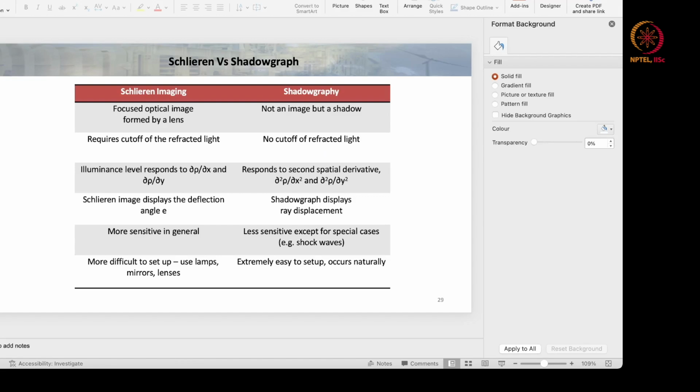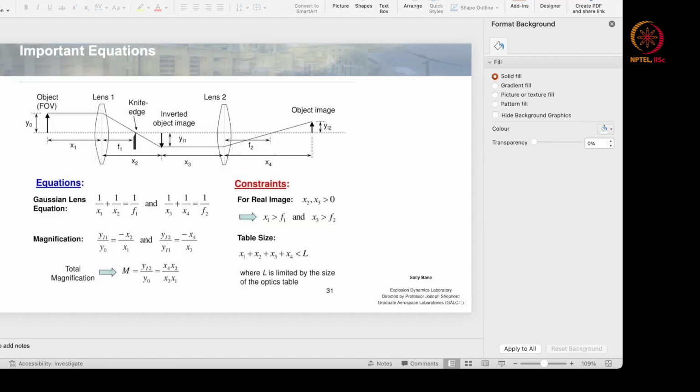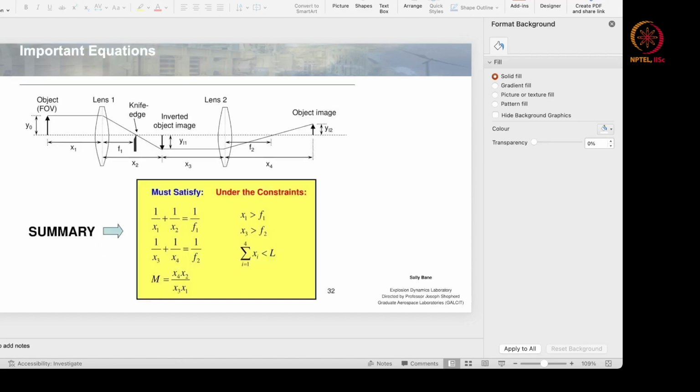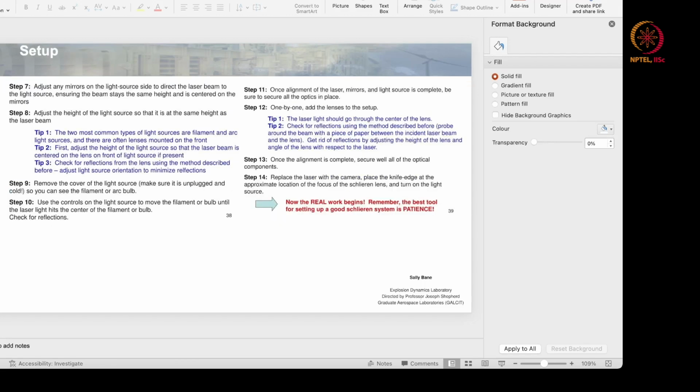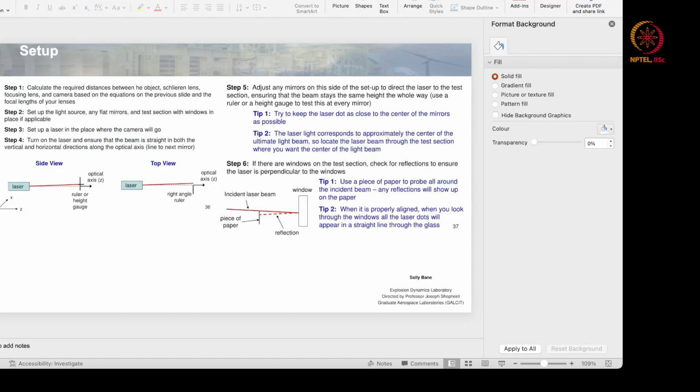We saw the differences between the systems, and then the important equations that are needed to set it up, and certain tips on how the system should be set up. Honestly speaking, these are still functions of trial and error and a little bit of hands-on experience, but there are certain protocols that you should follow.